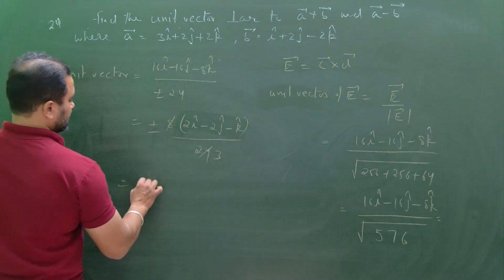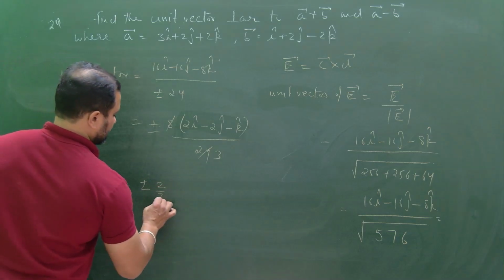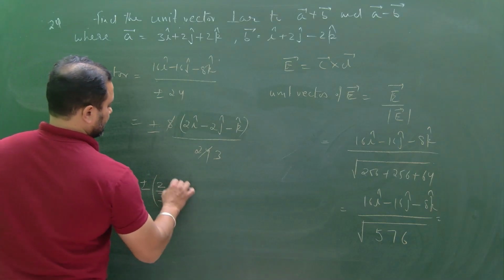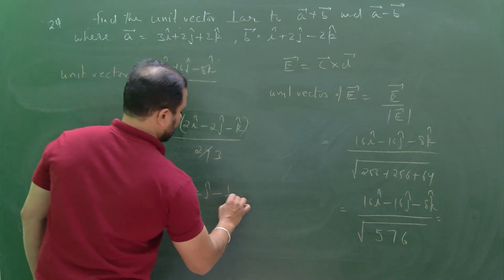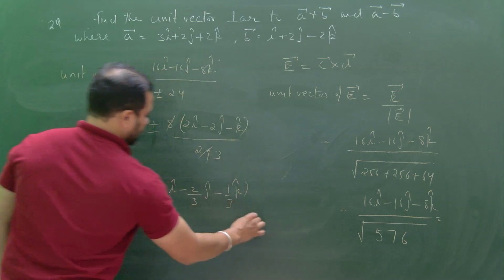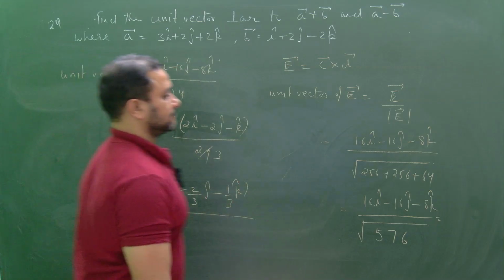The final answer is plus minus 2 by 3 i cap, 2 by 3 j cap, and 1 by 3 k cap.